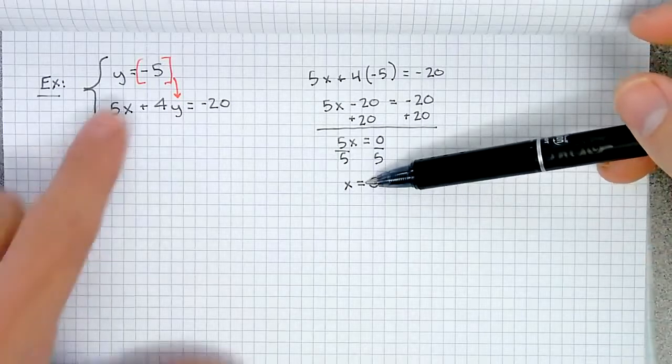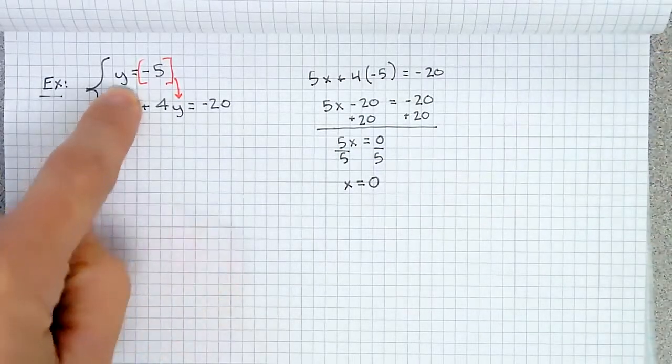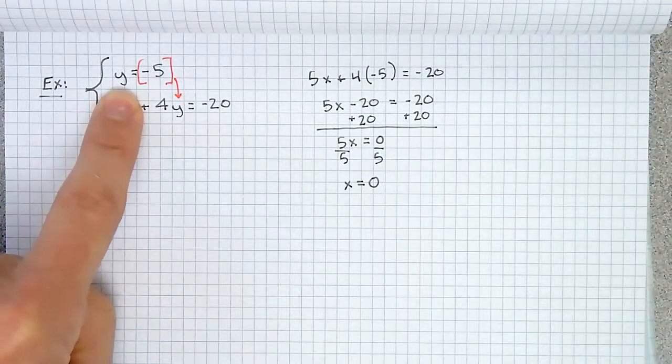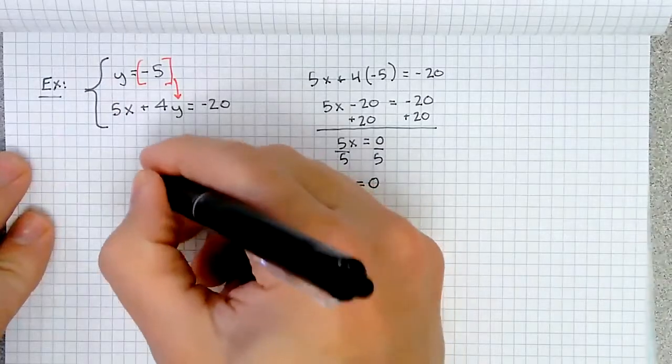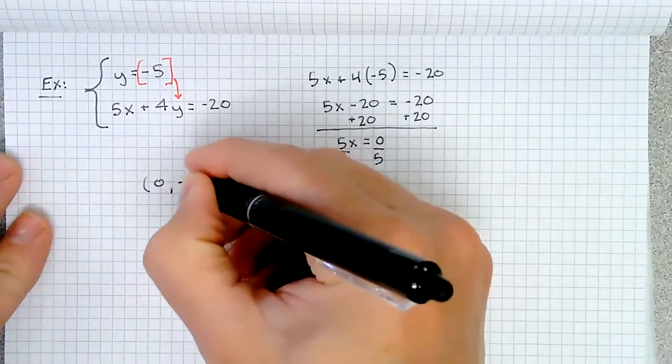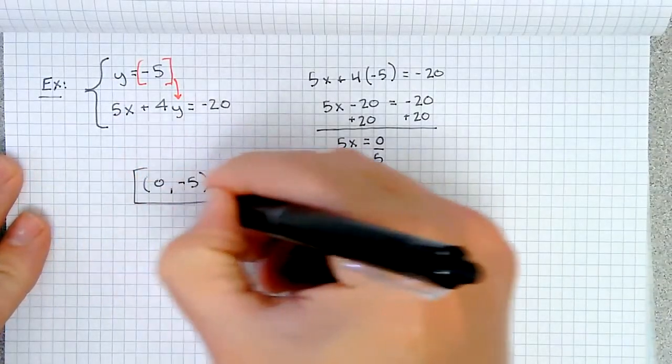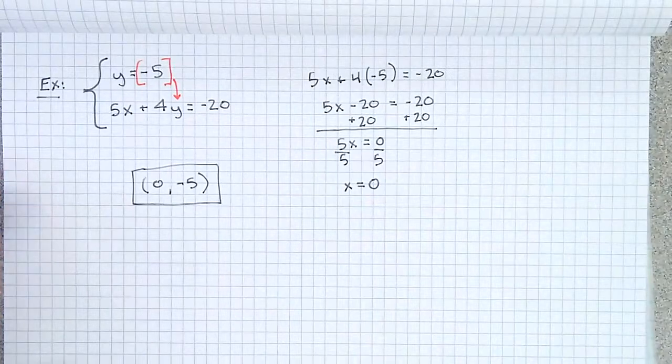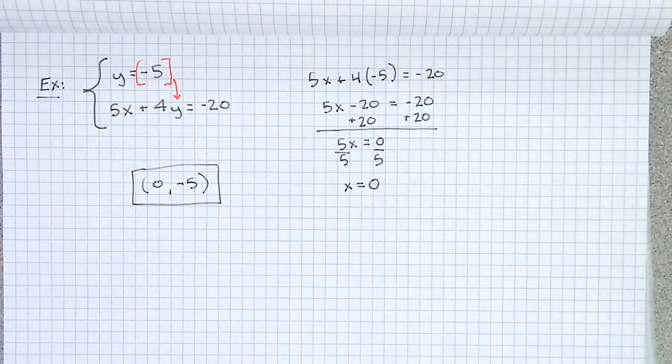So on my x value, it actually gave us the y value in the equation, which doesn't always happen, but it's nice that it happened here. So I get 0, negative 5. It's my solution for this one.